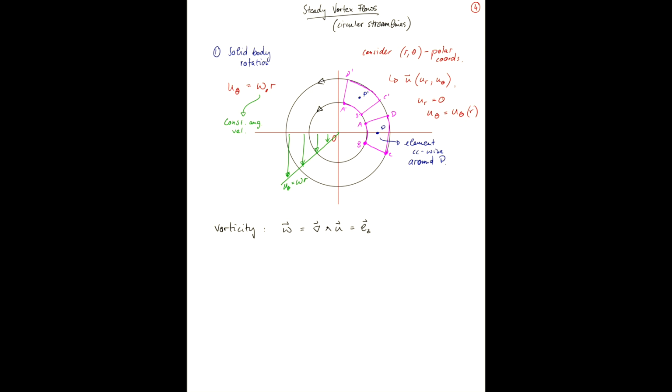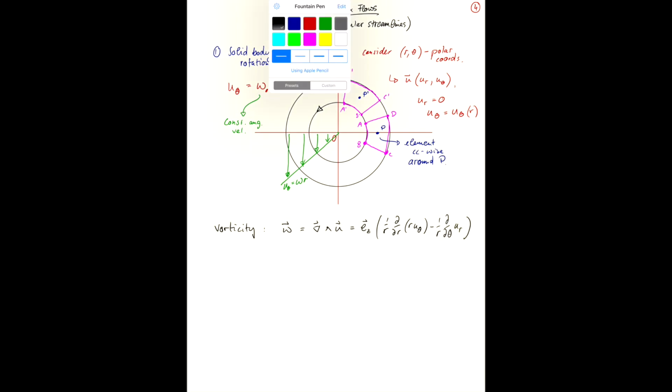So again, the rotation axis is out of the page, and the vorticity is given by 1 over r, d by dr, r u theta, minus 1 over r, d by d theta, u r. And this is actually homework question 2, to show that that's the curl in polar coordinates. See homework question 2.